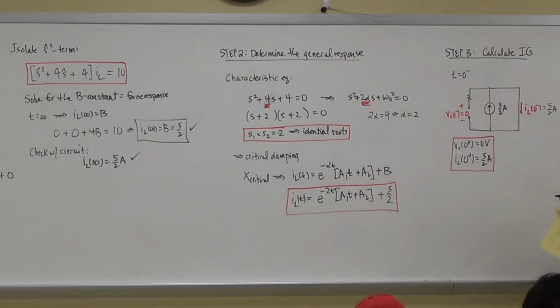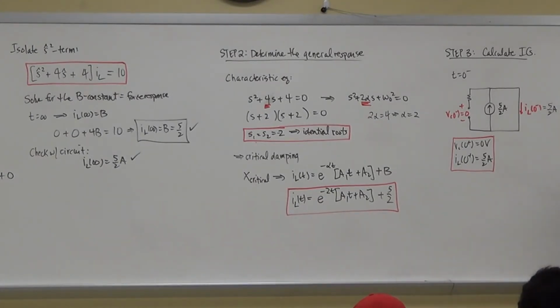Now what happens is that the switch is thrown, which tells me I'm in the region of 0 plus. At 0 plus, we already know these values. What we don't know is the derivative of the inductor current here. So we need to determine diL/dt at 0 plus.